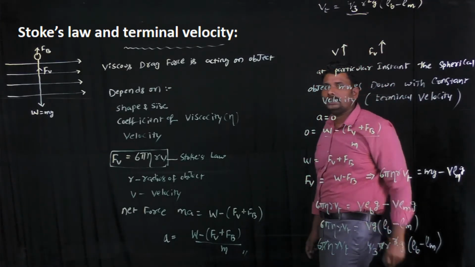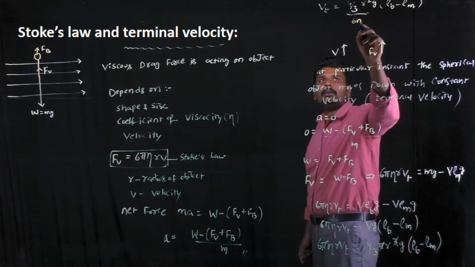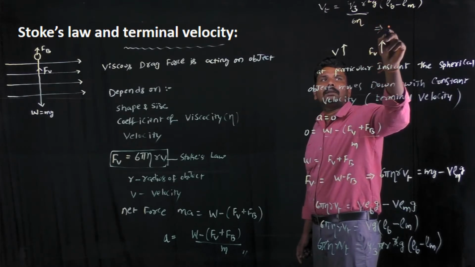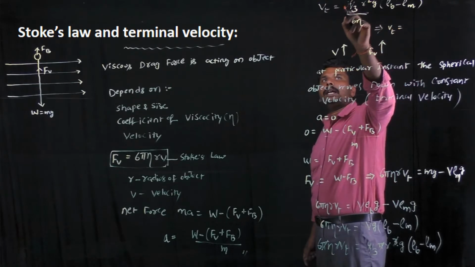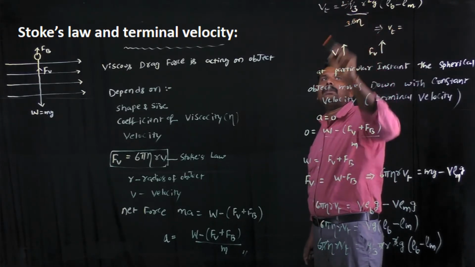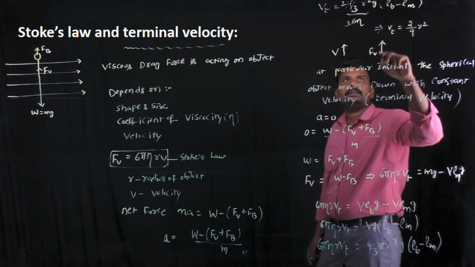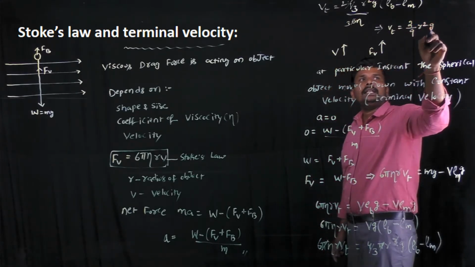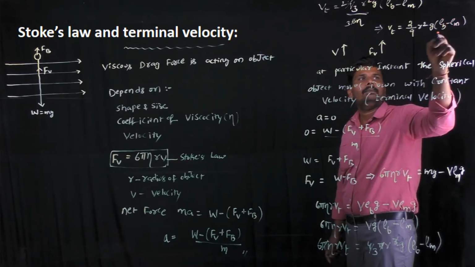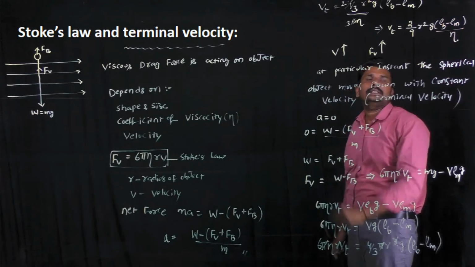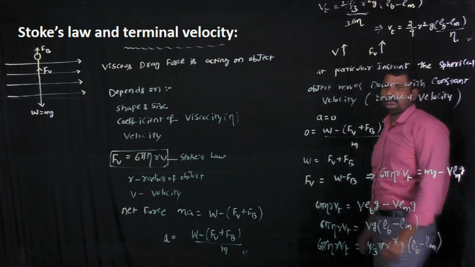By solving the above expression, the terminal velocity became, this is 2 times 2 and this is 3 times 2, it is 2 by 9 r square g into density of the body minus density of the medium by eta. This is the expression for the terminal velocity.